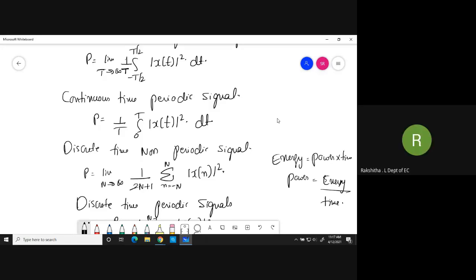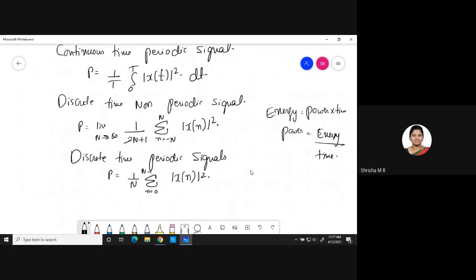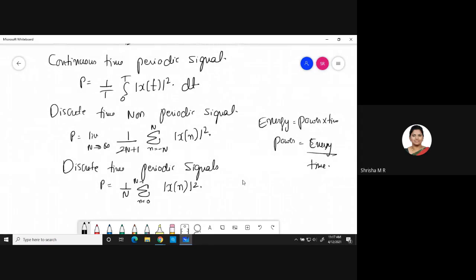Yes. Can you scroll a little bit down, ma'am? So what happens to energy of power signals and power of energy signals? That upper limit is n minus 1, ma'am, in discrete periodic. Yes, n minus 1.